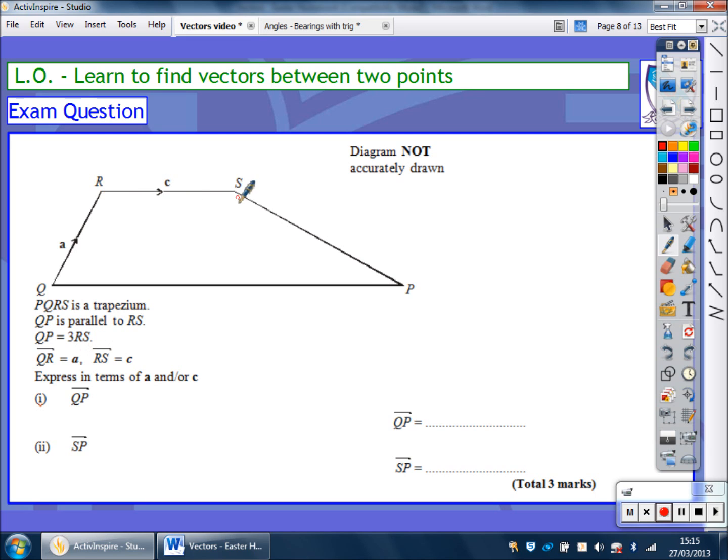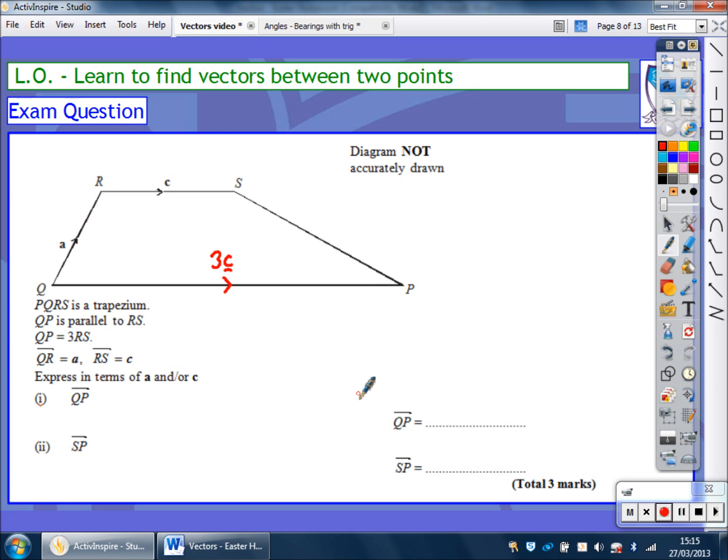So if R to S is vector C, then we should be able to write down straight away that Q to P is 3C, because it's the same vector, it's going in the same direction, but it's just 3 times as big. So we can just write that vector as 3C.